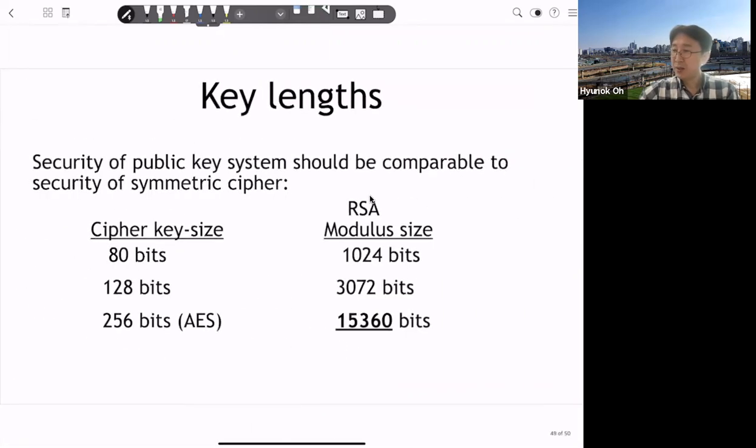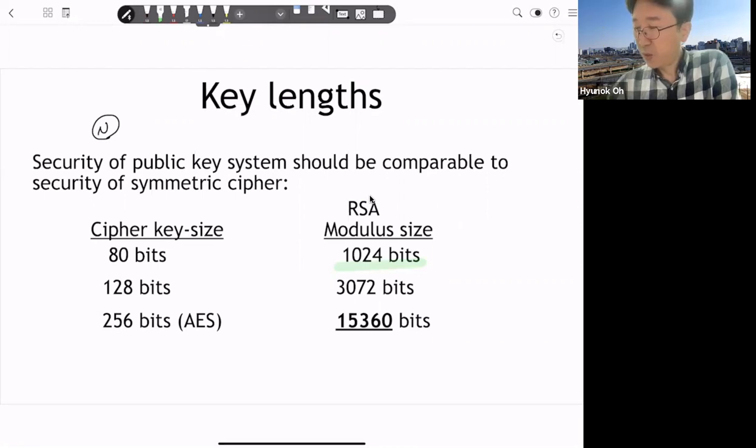Okay, and the key length, the size of modulus n. It was used with 1000 bits for this n. The size of n is 1000 bits, but the security is almost the same as 80 bits, which means that 2 to the 80 operations can factor this 1000-bit n.